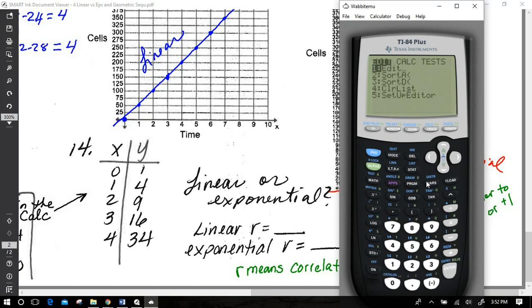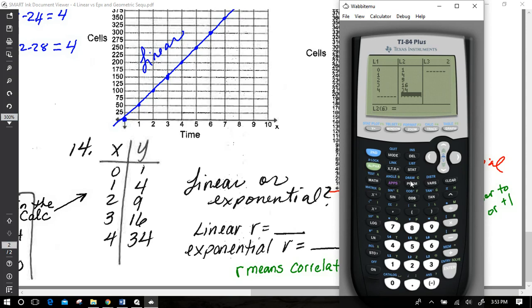So stat, edit, and then my X values are 1, 2, 3, and 4. Go over to the L2 list, which is our Y values, and we're going to type 1, 4, 9, 16, and 34. All right, so there's our data.